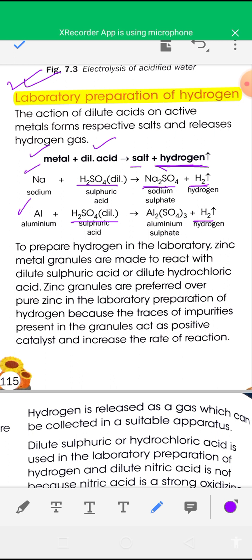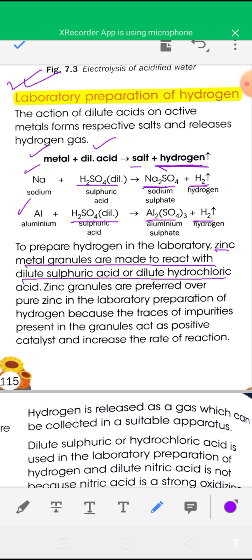When aluminium is treated with dilute sulfuric acid, you will get aluminium sulfate and hydrogen gas. But in the laboratory, zinc is the preferred metal. So to prepare hydrogen in the laboratory, zinc metal granules are made to react with dilute sulfuric acid or dilute hydrochloric acid.